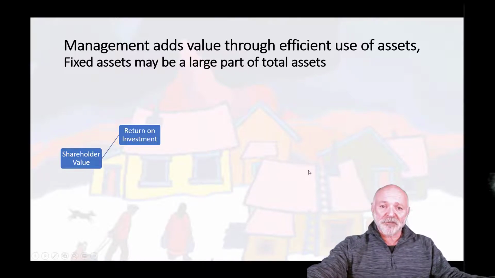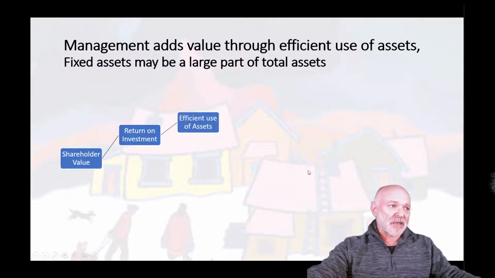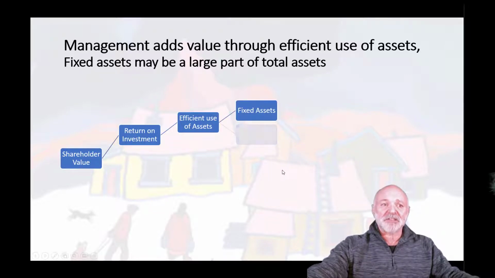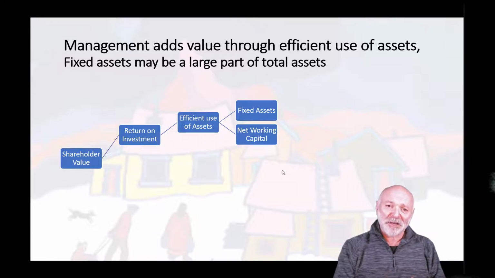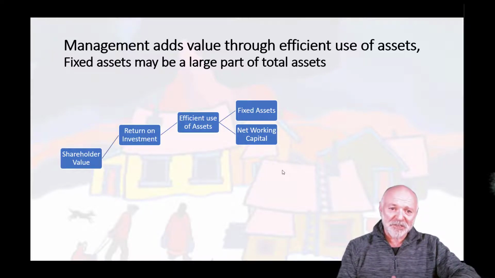Of course, shareholder value is measured by the return on assets, and the use of leverage depends significantly on the efficient use of assets. And by this, we're talking about fixed assets as well as working capital. And so even though our textbook kind of forgot to mention anything about fixed assets, we want to have a quick look at how we measure fixed assets and how we understand changes in the capital intensity.